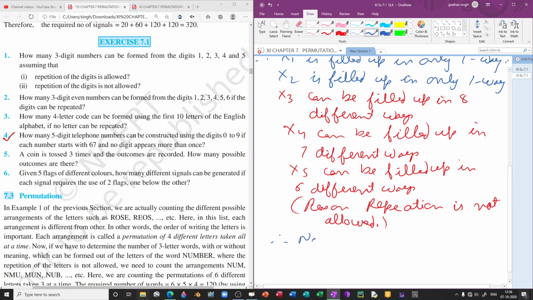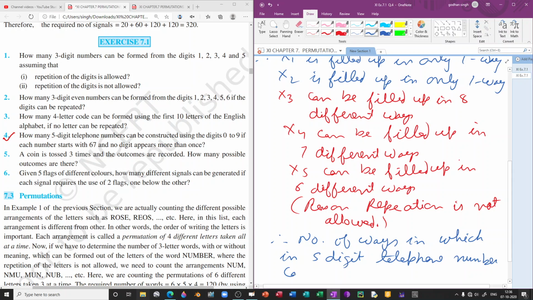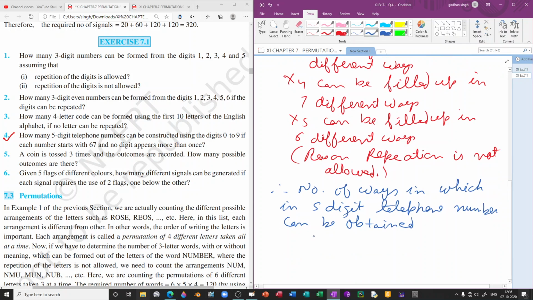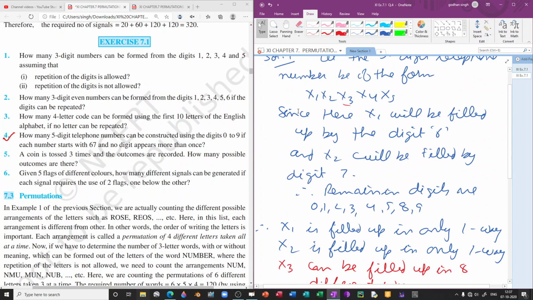Therefore, the number of ways in which a 5-digit telephone number can be obtained in this case is equal to, let us go back to the 5-digit number, that is x1, x2, x3, x4, x5. x1 can be filled up in how many ways?